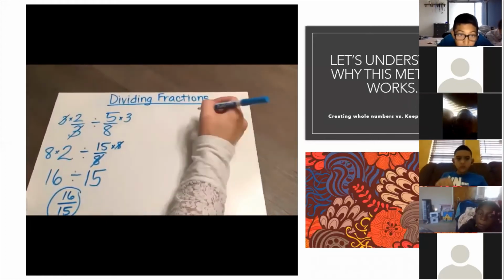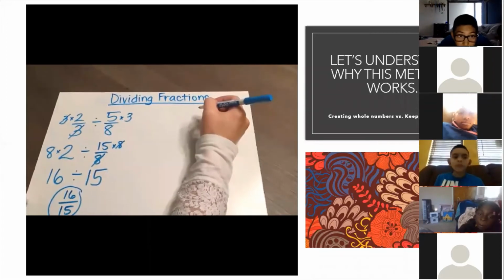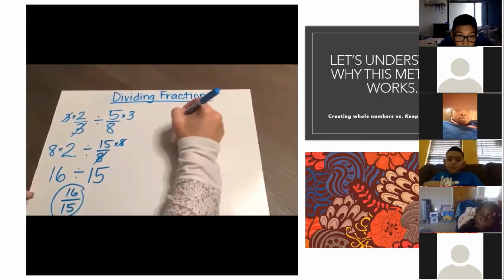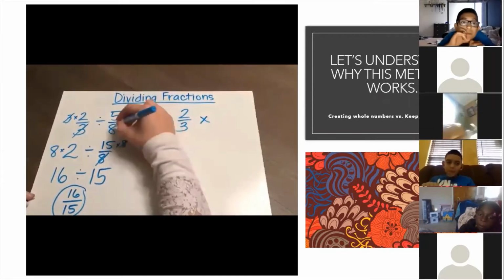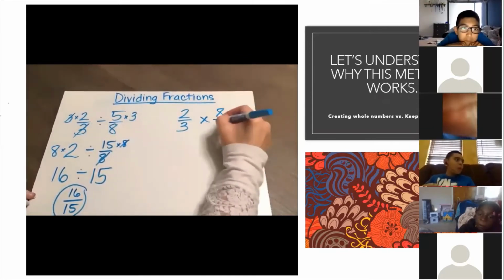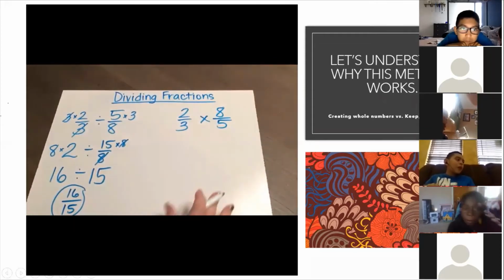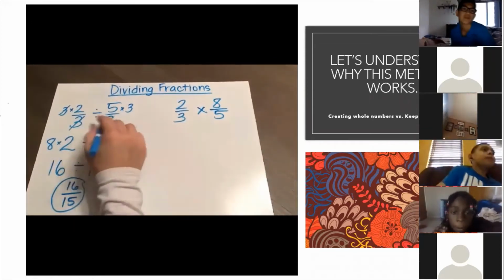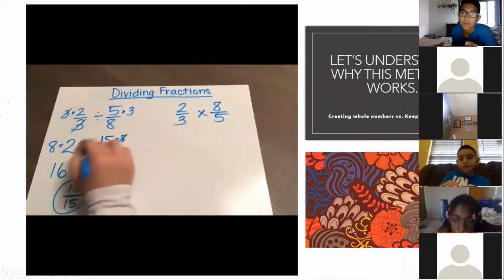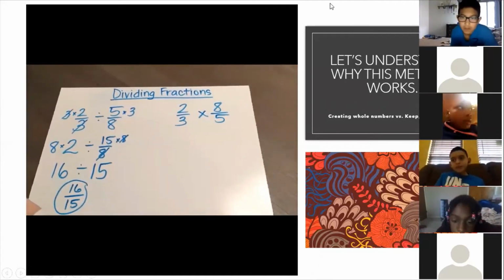Okay. If we write it in the invert and multiply way, we have 2/3 times, and then you invert the fraction, 8 over 5. Let's show how that relates to this. What we're doing here is multiplying the numerators by those denominators.